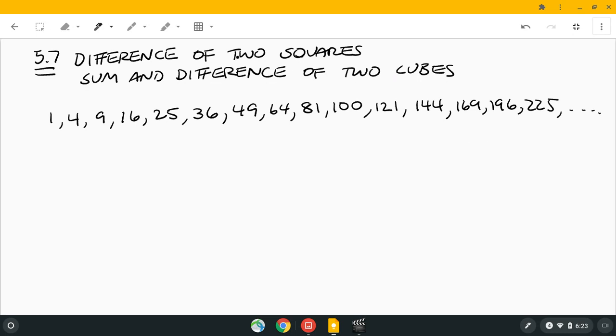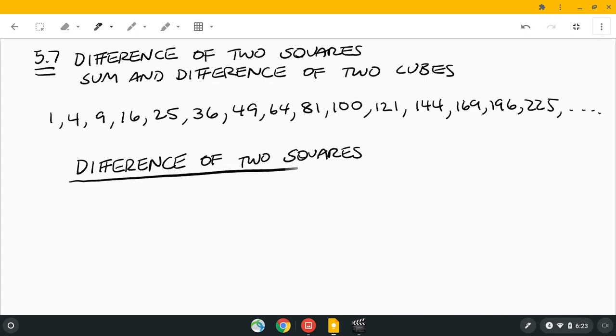So when you have subtraction of two squares, then you can use this following formula to factor. So, difference of two squares. When you're subtracting two squares, let me use this symbol, it's funny looking x, to represent that first term.